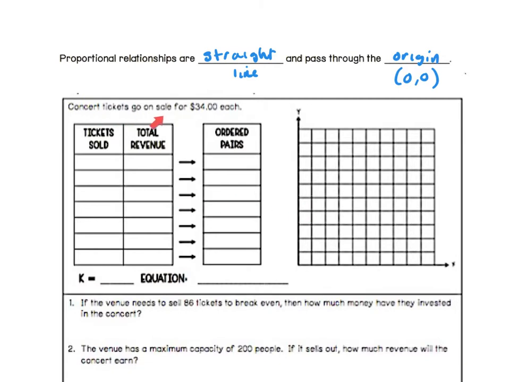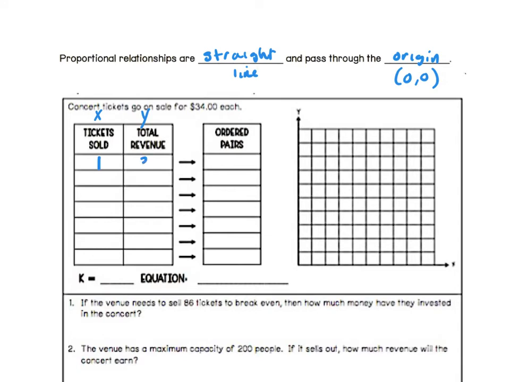So concert tickets go on sale for $34 each. So if I hear the word each, I know that that is one. So it said that it was $34 for a ticket. So X would be my tickets, and they told me one ticket, and Y would be the cost. When they say revenue, that means how much a venue someplace would bring in, like a concert hall.